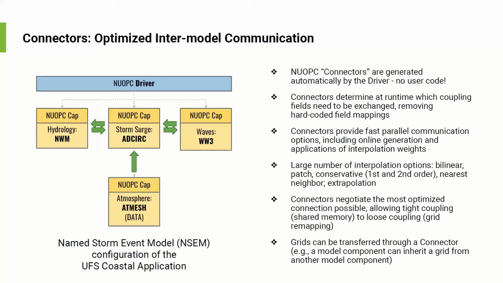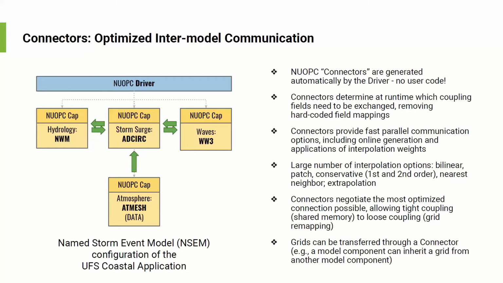And that can be all the way from completely sharing everything, so shared grid, shared field, shared memory between the components. So that's a very tight coupling, to a more loose coupling where the grids between the components are completely different and the processor sets are completely disjoint. And so you need to remap, do the interpolation, and also reshuffle the data and redistribute.